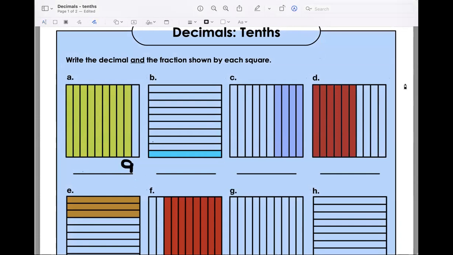So the top number again, the numerator, or how many parts are shaded, is 9. The bottom number is going to be the total number of parts. And do we remember what that is? Yes, if we count them all up, there are 10 parts altogether.